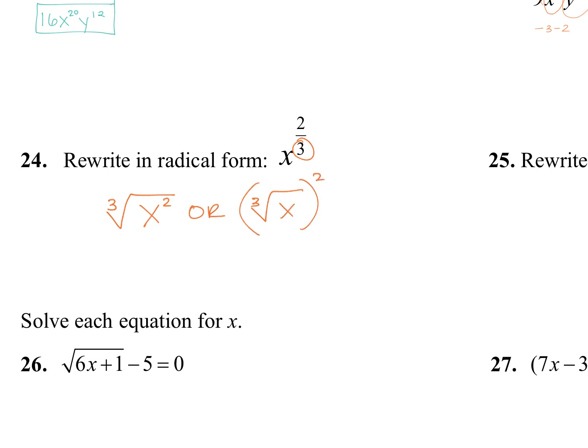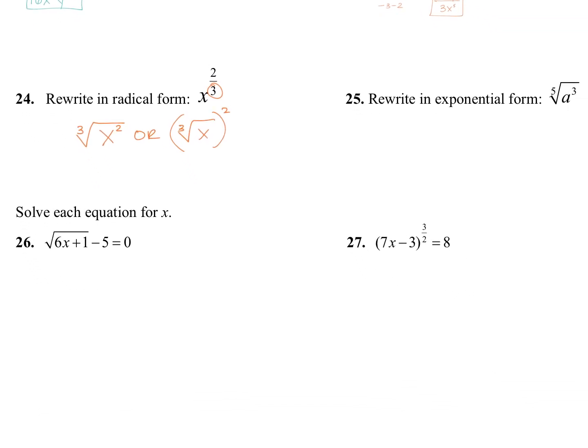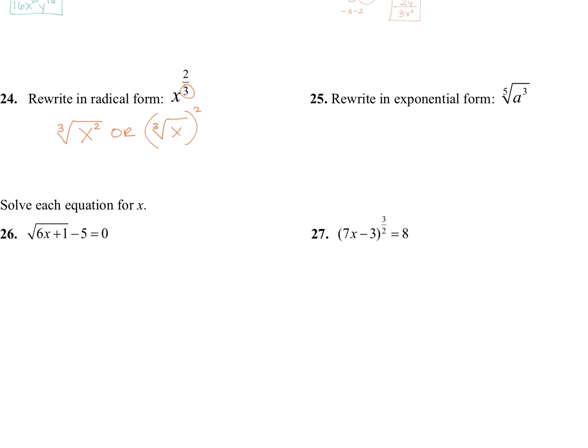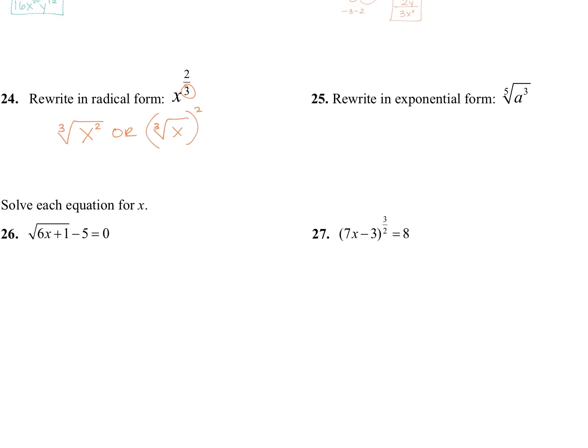Okay, you may do either one of those. You don't need to do both. Pick one. Do the one you like better. 25. How do you rewrite this in exponential form? A to what power? 3/5. The 3/5 power. A to the 3/5 power.